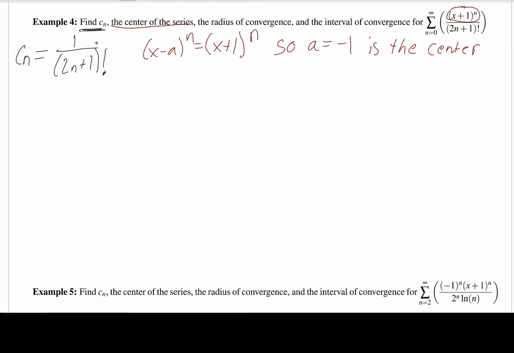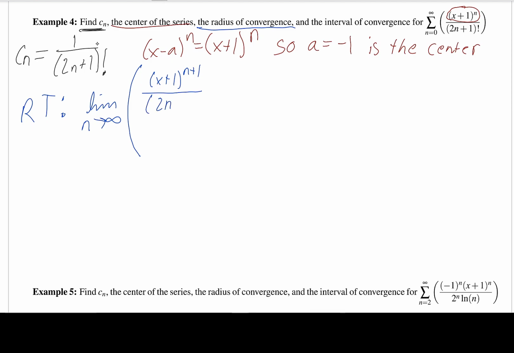Okay, now let's look at our ratio test. So for the ratio test, we'll have the limit as n goes to infinity of, let's see, so we should have (x + 1)^(n+1) over, plugging in n + 1 for n, I'll have 2n + 2 + 1. So this is (2n + 3) factorial, divided by, well, now we'll just have (x + 1)^n and (2n + 1) factorial.